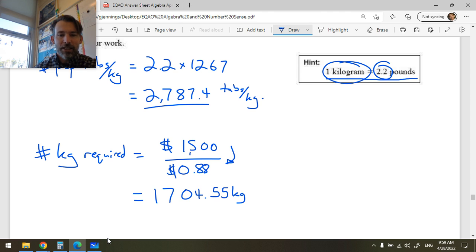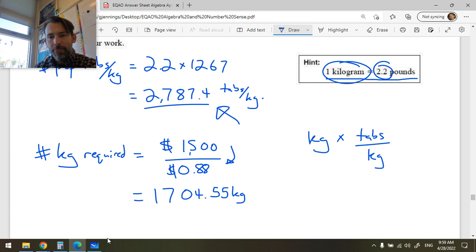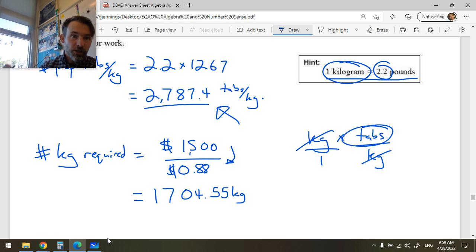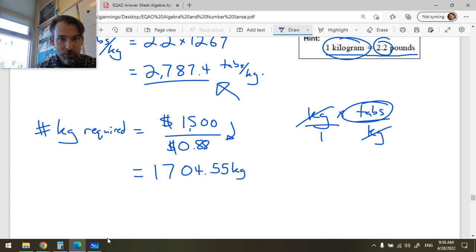Okay, so now this is how many kilograms are required. We know that this is the number of tabs per kilogram. And notice if I take kilograms and multiply by tabs per kilogram, the kilograms on the bottom will cancel the kilograms on the top and give me the number of tabs. So the units will guide you to the correct answer if you do things correctly.